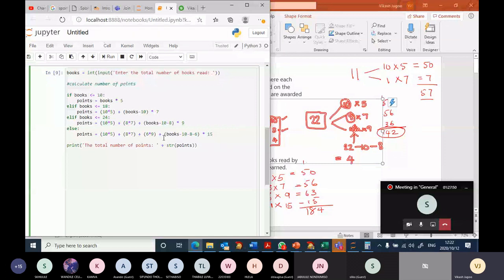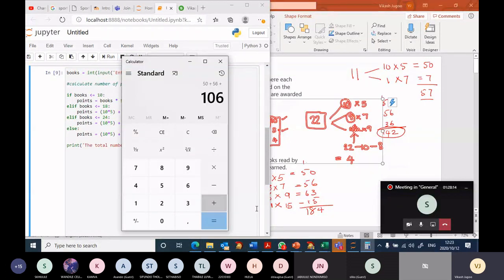And then the remainder is 25 minus 10 minus 8. That gives you 7, 7 times 15 is 105. So now if I add them up, 50 plus 56 plus 54 plus 15. Let's pull out the calculator again. 50 plus 56 plus 54 plus 15. And there we are. I've got 175.